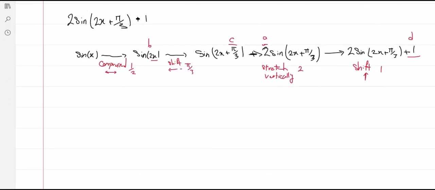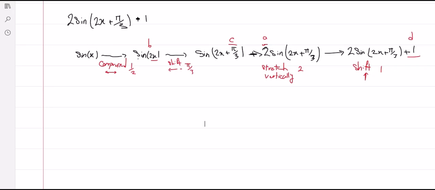Now, after knowing what each of these transformations does to the function, we're going to start drawing them step by step. Remember, in order to get to the final function, we should start from drawing sine of x, then proceed to drawing sine of 2x, then continue so we eventually get to the final function. Now, let's start from sine of x.